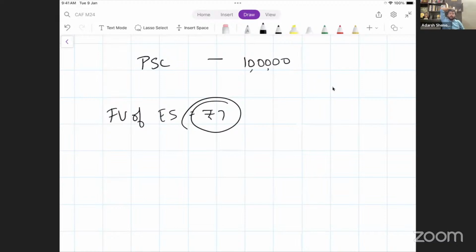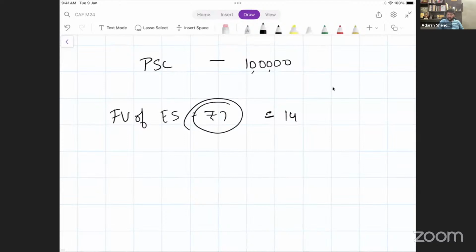Tell me how many equity shares should I issue? 1 lakh divided by 7. 14,285.714. Sir, can I issue a share in fractions? Can I issue 0.714 shares?